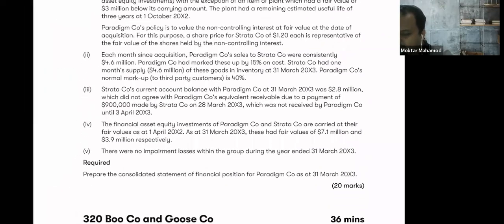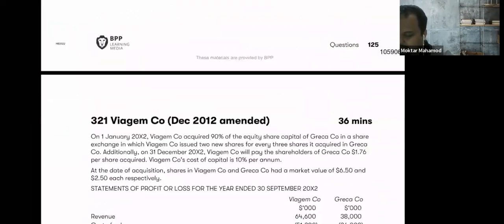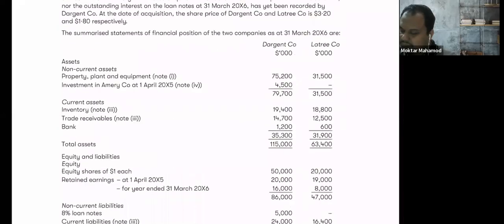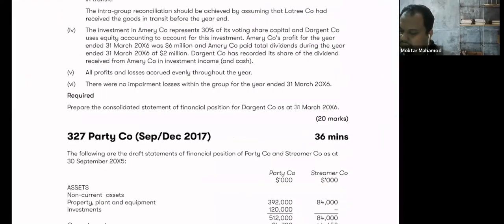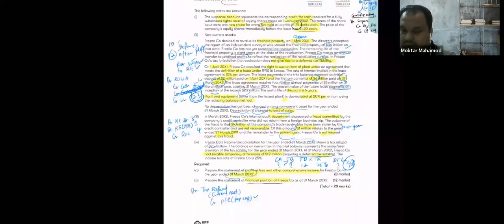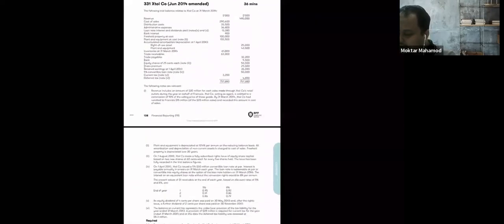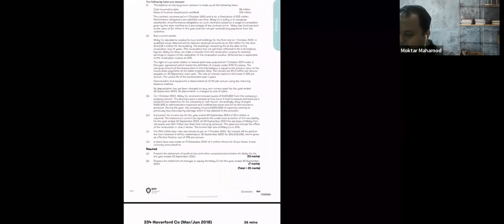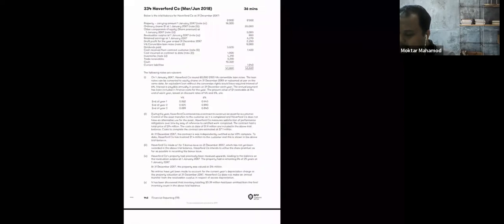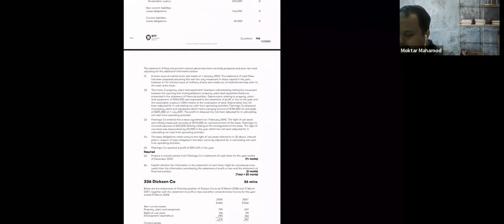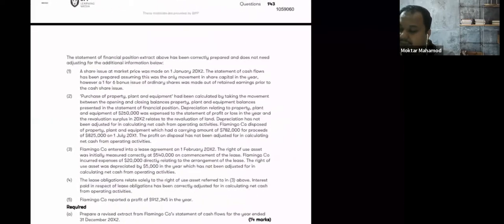Ini banyak konsol. Masih lagi profit or loss pun sama. Yang ni lebih kepada revise. Ni.